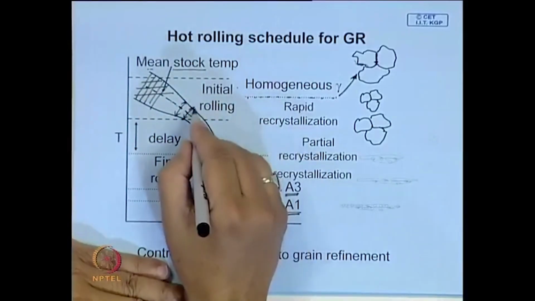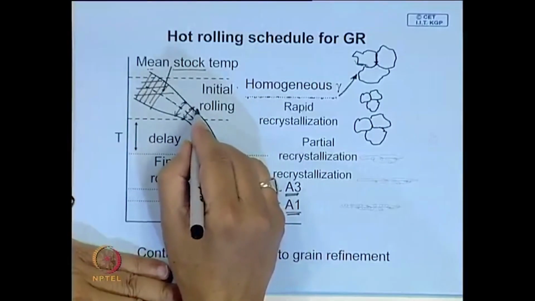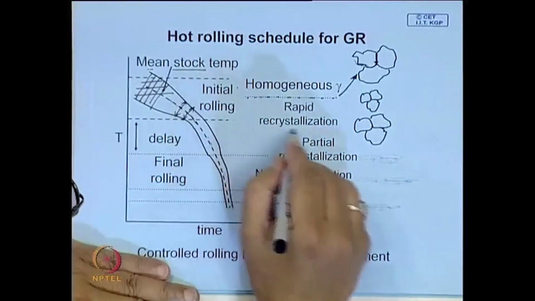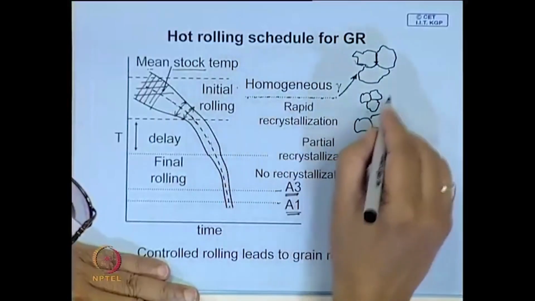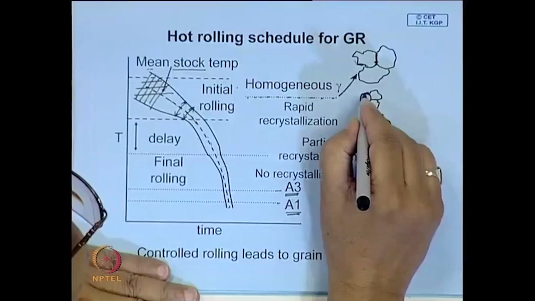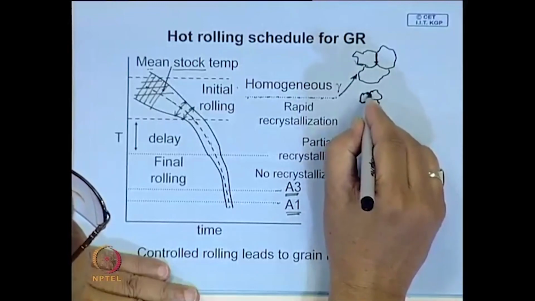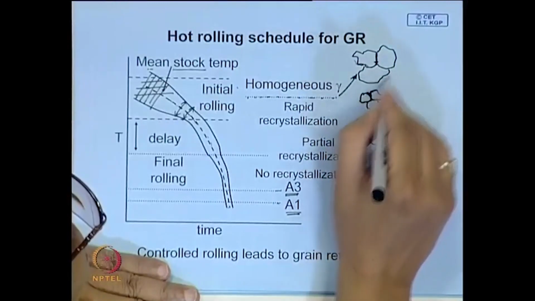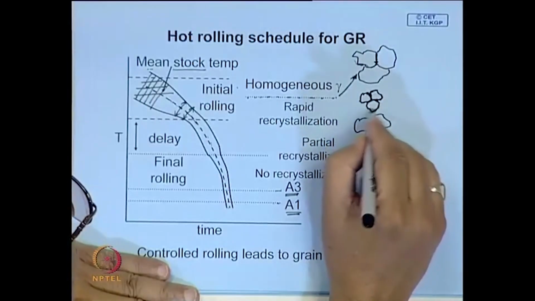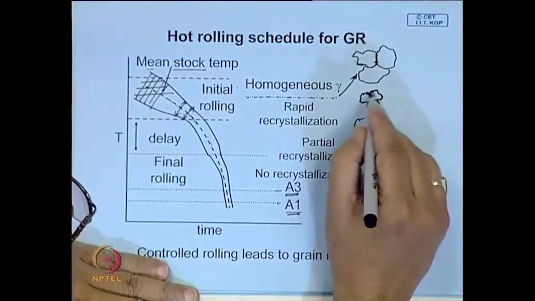Therefore, you can give high reduction, and if you give high reduction there may be rapid recrystallization taking place here, and because of this these grains deform and get replaced by new strain free recrystallized grains.